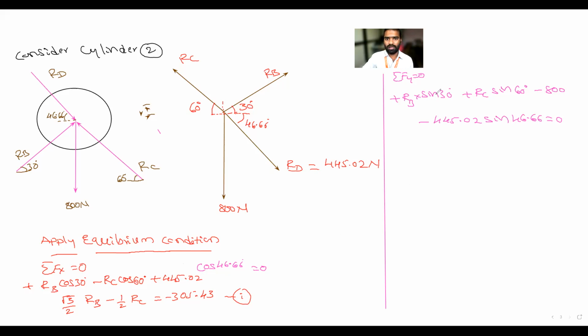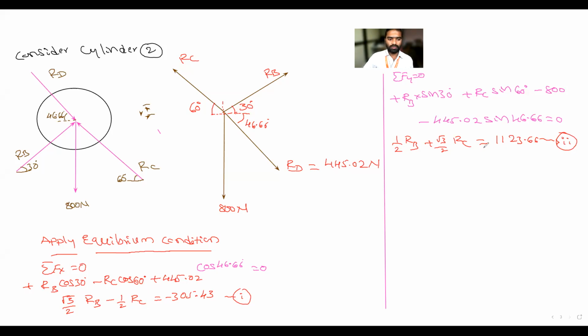So next, RB sin 30 is how much? It is 1/2 RB. Next, RC sin 60 plus √3/2 RC. Next, I will transfer this to the right hand side. That will become positive, that is 800 plus 445.02 into sin 46.66. So this answer will be 1123.66. So this is equation number 2.